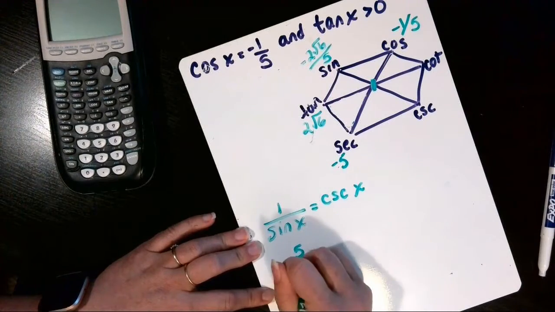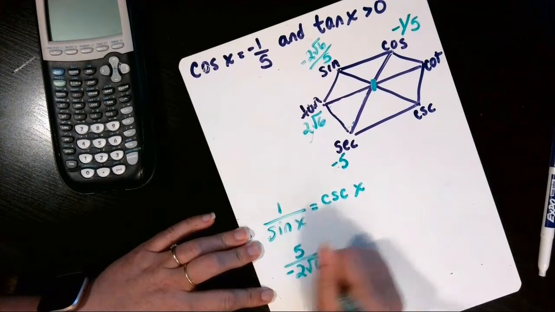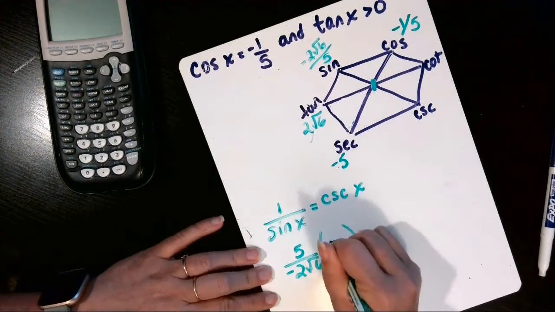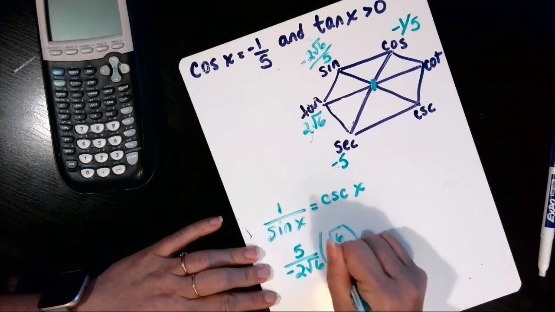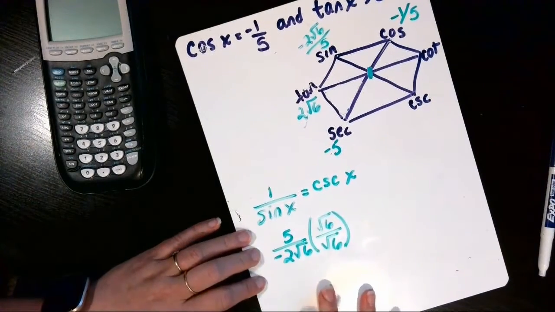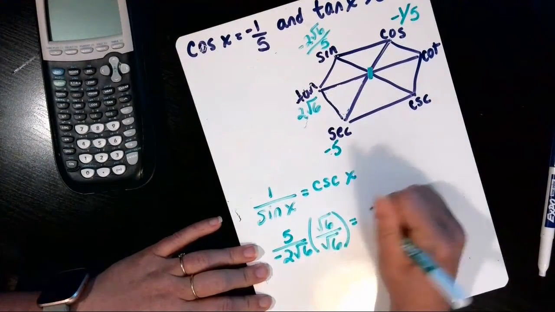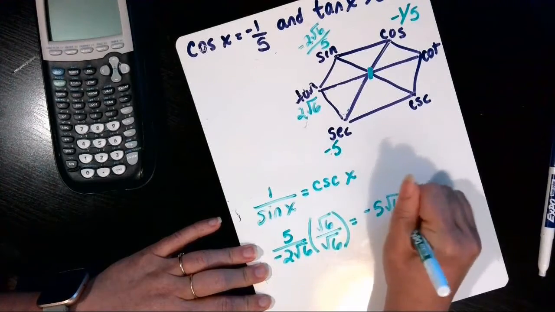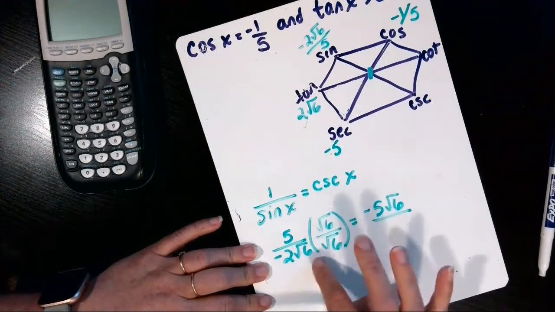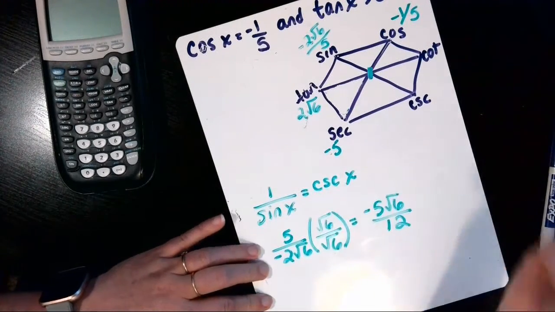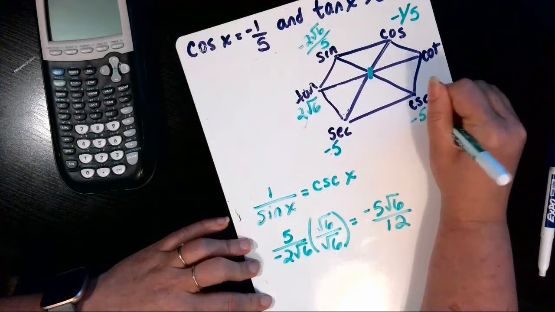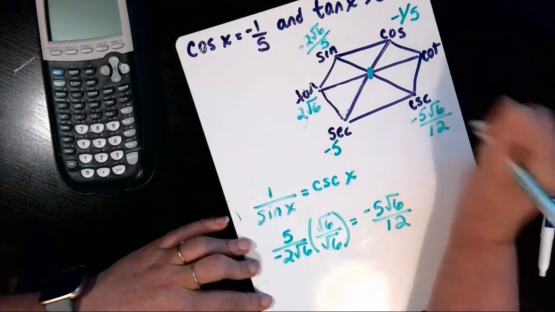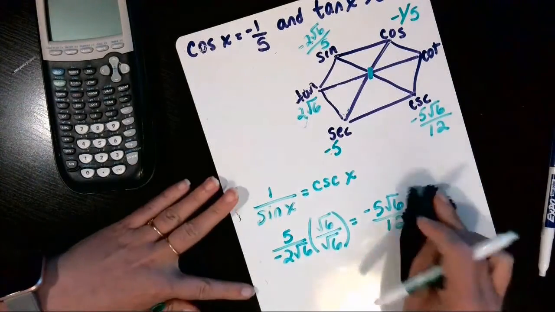So that's 5 divided by -2 square root of 6. And we'll multiply the top and bottom by square root of 6 over square root of 6 to rationalize that denominator. We'll have a -5 root 6 divided by 2 times 6 is 12. So -5 square root of 6 over 12 for the cosecant.